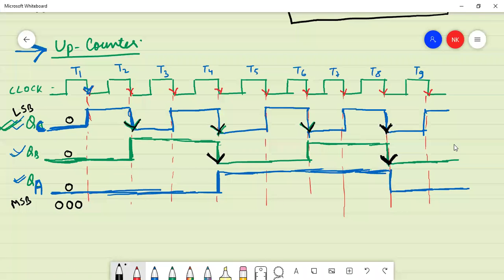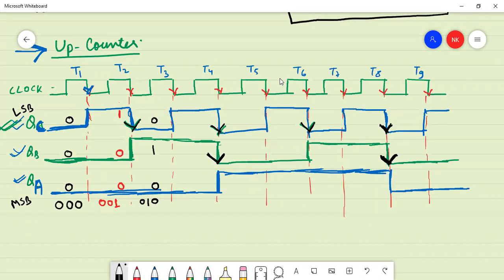Okay, next for the time period T2, what are the values of A, B and C? 0 0 1. It is 0, again it is 0 and here it is 1. So here we will have 0 0 1. Next, what are the values in T3? 0 1 0.